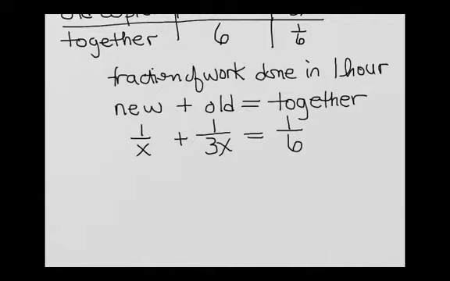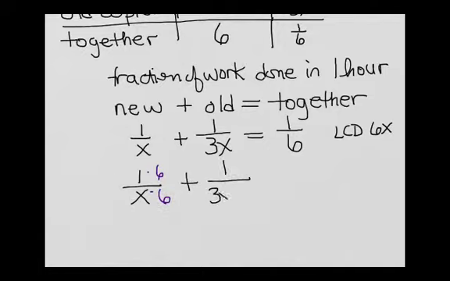To solve this, we're going to look for a least common denominator, which in this case is going to be 6x. So we'll multiply the numerator and the denominator of the first fraction by 6, and we'll multiply the numerator and the denominator of the second fraction by 2, and we'll multiply the numerator and the denominator of the last fraction by x.